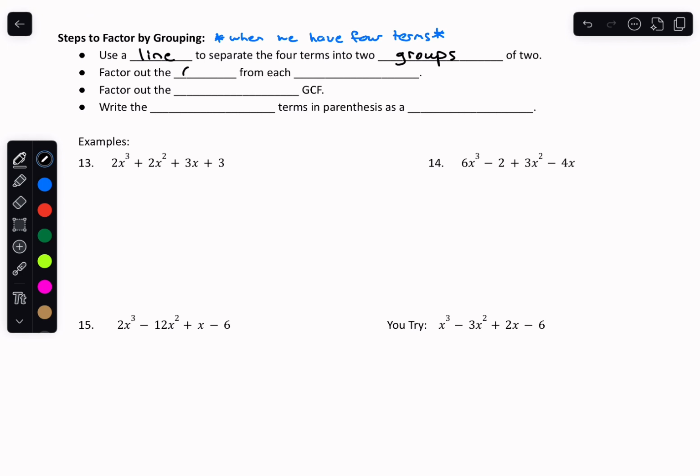We're going to factor out the GCF from each of the groups. Notice it's called factor by grouping, and we're factoring out the GCF from 2 groups of 2. Then we're going to factor out the binomial GCF that is found in the last step, and then we're going to write the remaining terms as a product.